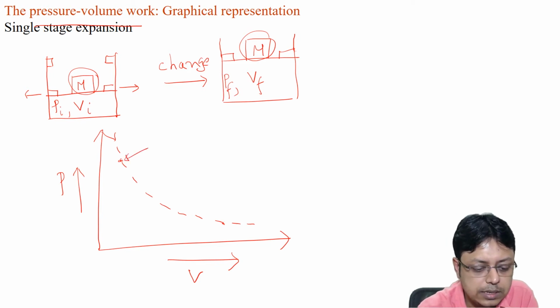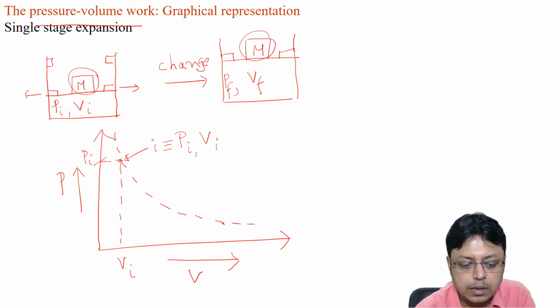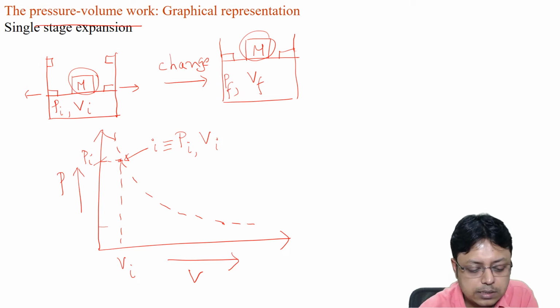Suppose this was the initial state, which was defined as Pi and Vi. So Pi is the corresponding pressure and Vi is the corresponding volume. Now what we did is that we expanded the system to a final pressure which is Pf and the volume which is Vf.